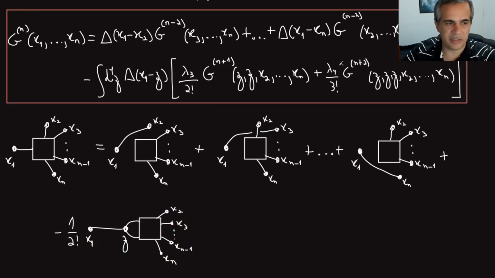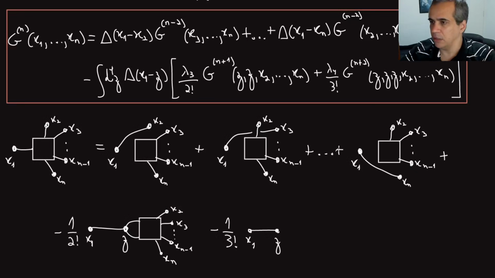And the next one is a very similar thing. There's a minus 1 over 3 factorial. There's a propagator from x1 to Z. And then there are three lines, whatever complicated diagrams will be in the box here, going from that diagram into the same point Z on the left.